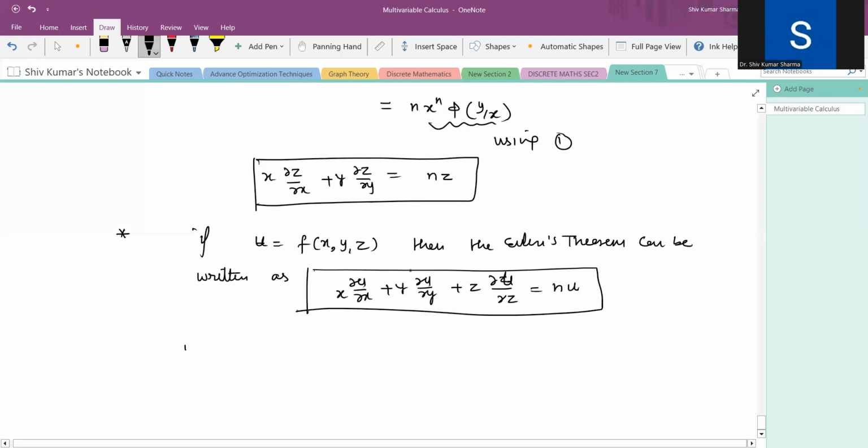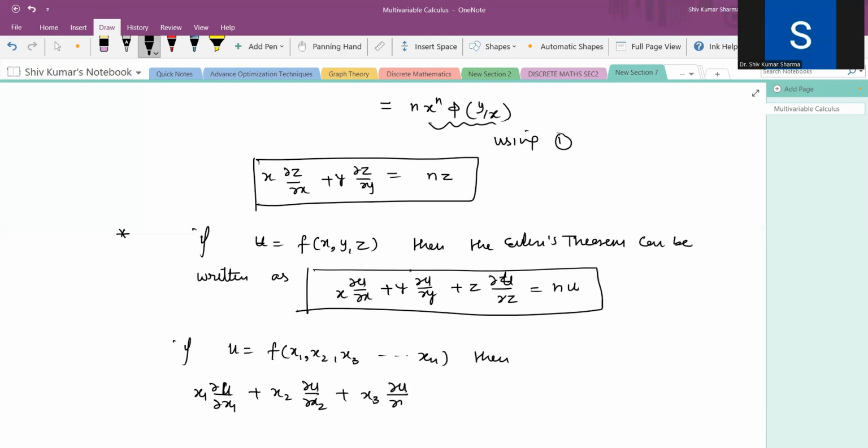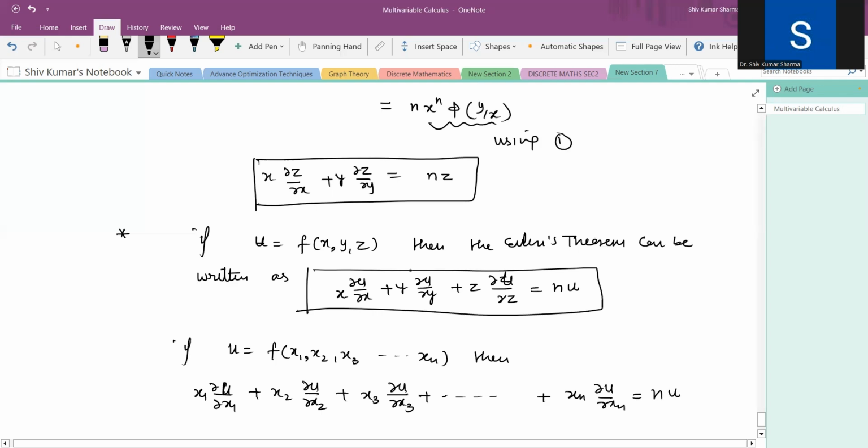For n variables, if u is equal to a function of n variables x1, x2, x3, up to xn, then we write x1 del u upon del x1 plus x2 del u upon del x2 plus x3 del u upon del x3 plus and so on up to xn del u upon del xn equal to n u.